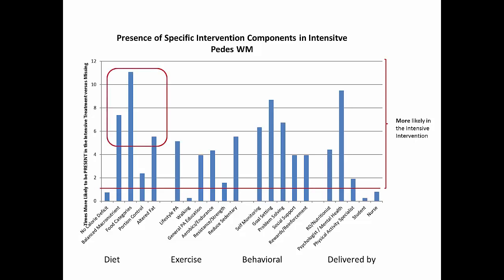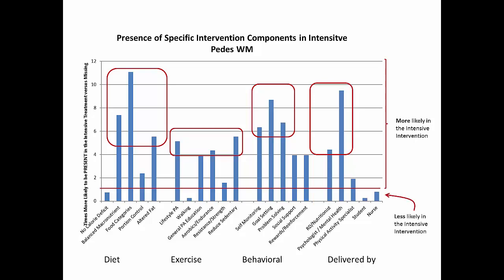So we see that in some cases it's much higher. In the case of several specific diet components, physical activity, behavioral, and also who the components are delivered by. And below the line, those are intervention components that are much less likely to occur in the intensive intervention. So in the end, we have 2 groups of intervention component mixes that we can now ask questions about.